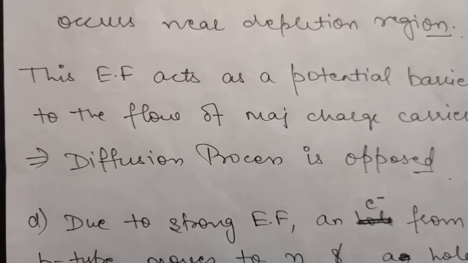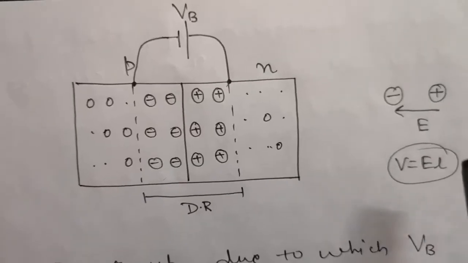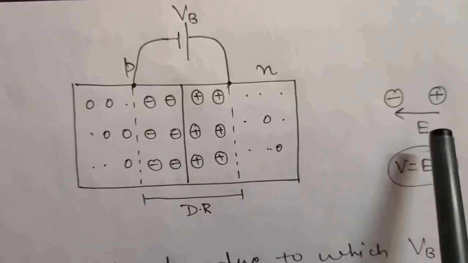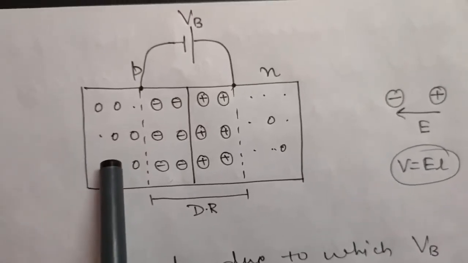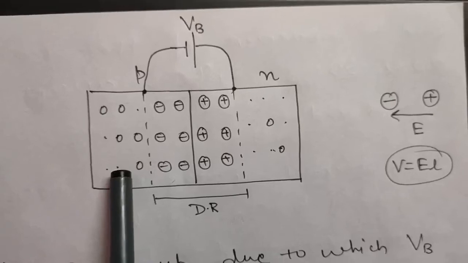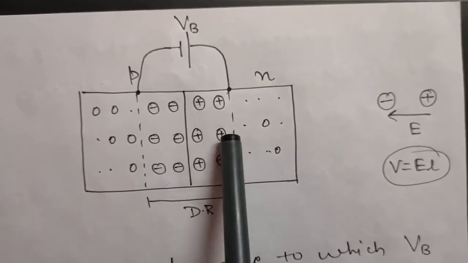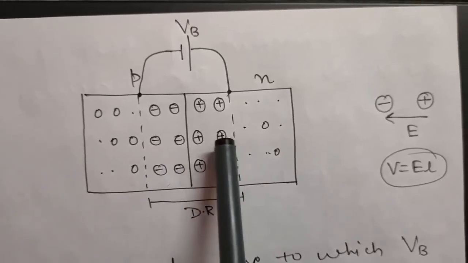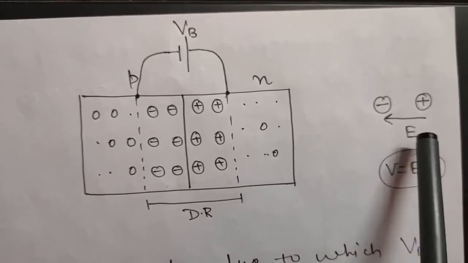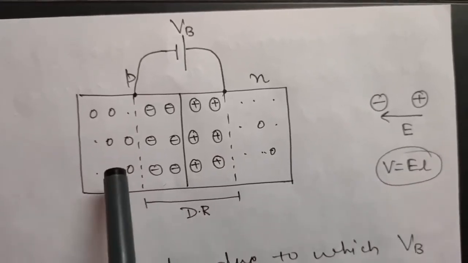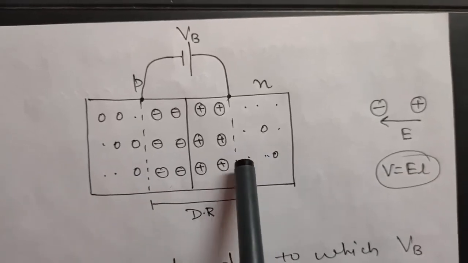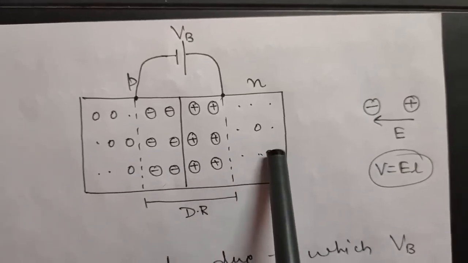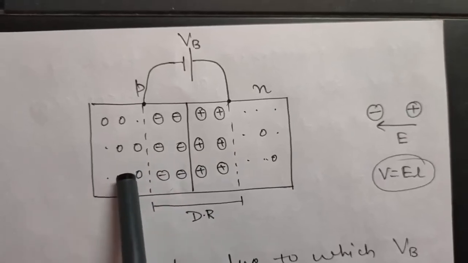Okay, so now what will happen when this electric field becomes very strong? See, as you know, some electrons are also present in P type, and here is the positive ion of the electric field. So due to this strong electric field, an electron from P type will be attracted towards N type, and a hole from N type will be attracted towards P type due to this negative.